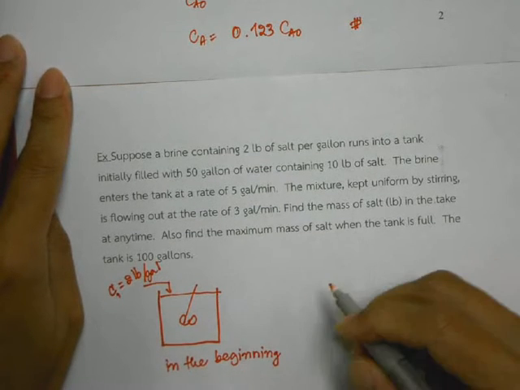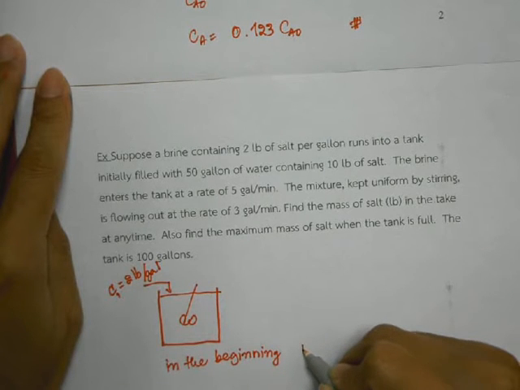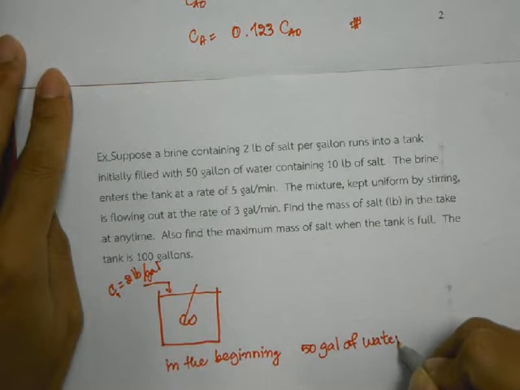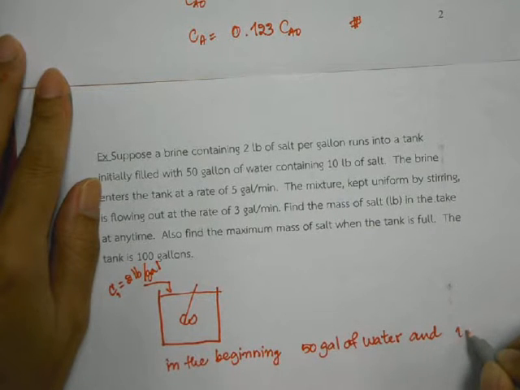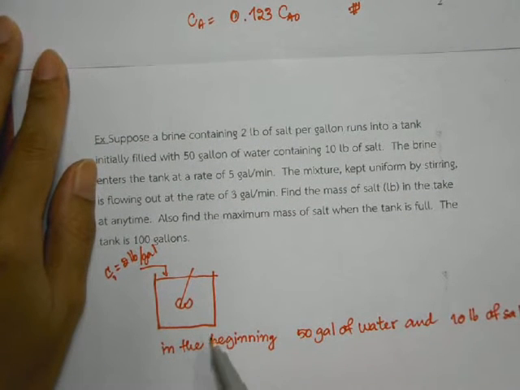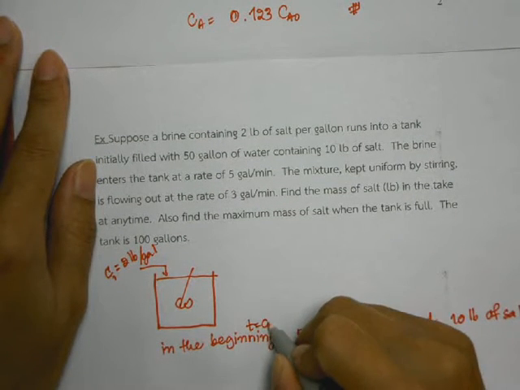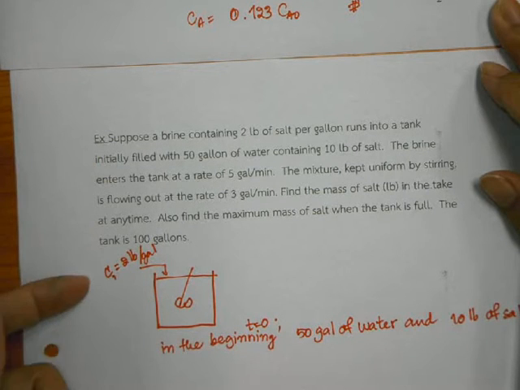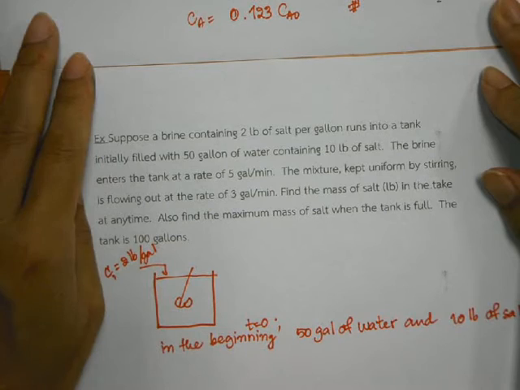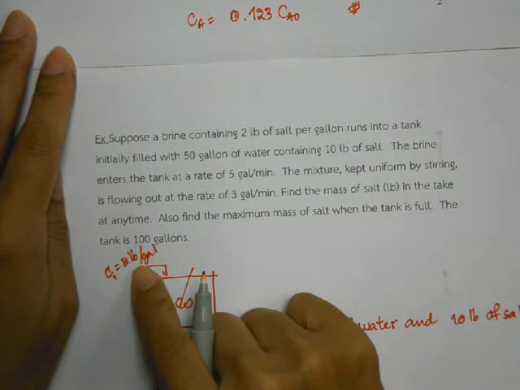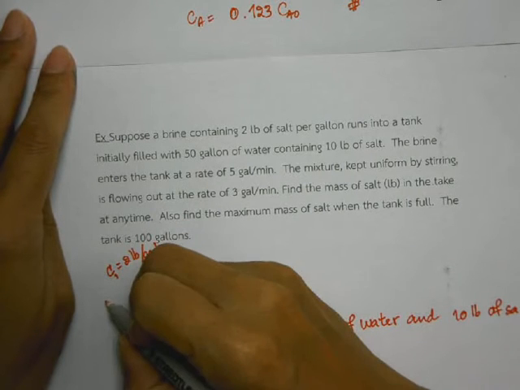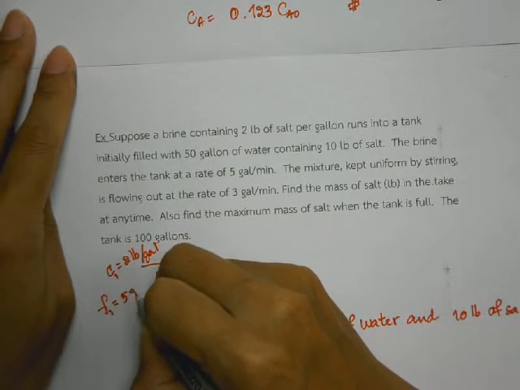The tank is filled with 50 gallons of water and 10 pounds of salt, at time t equal to 0. And we feed the brine solution with a different concentration in here, with the concentration of 2 pounds per gallon and a rate equal to 5 gallons per minute.